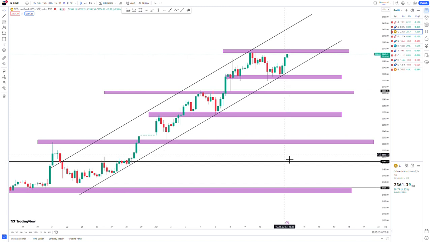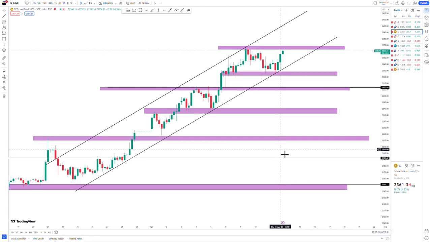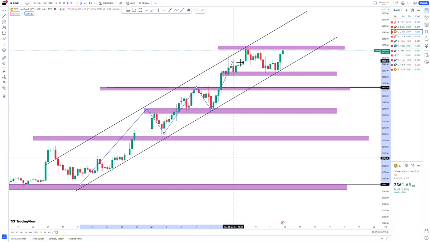Now what I do is I try to make a scenario out of this. The market has been giving us higher highs and higher lows, higher highs and higher lows, and we are currently in a consolidation phase, but the overall direction is an uptrend.